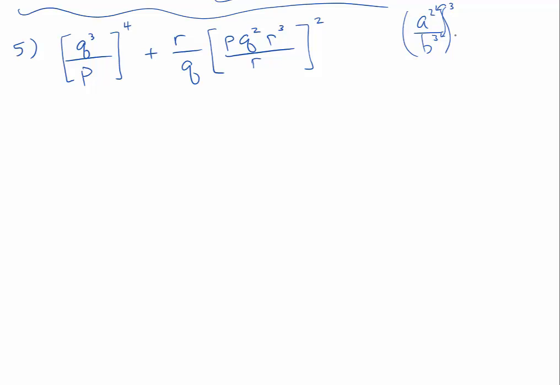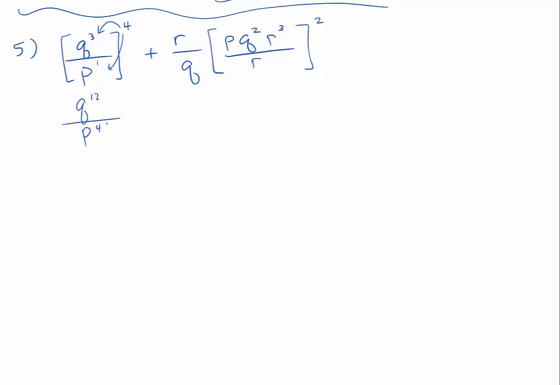And so in this first term over here, I take that 4, the exponent, and I distribute it down to each of those, and that p I can say is p to the 1. And so this term turns into q to the 3 times 4 is 12 over p to the 4.